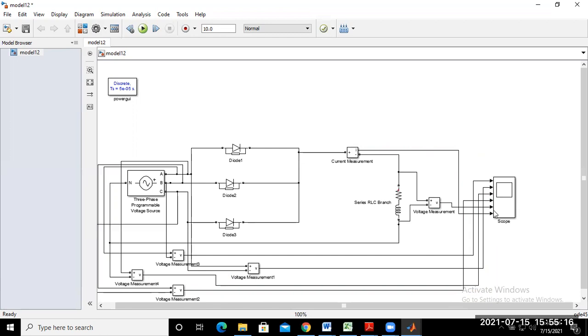So now this model is already completed. Now you can run the model and check the output. So just set the time to 0.3 and run this model.